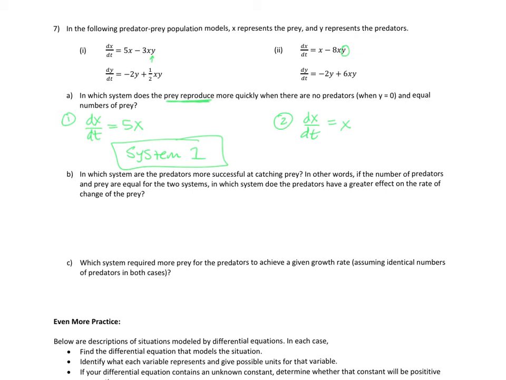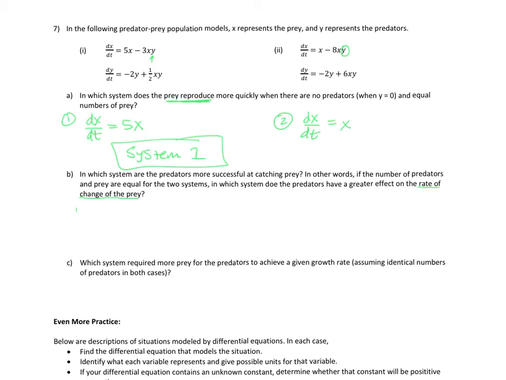In which system are the predators more successful at catching prey? In other words, if the number of predators and prey are equal for the two systems, in which system do the predators have a greater effect on the rate of change of the prey? So we're looking at the rate of change of the prey. Okay.